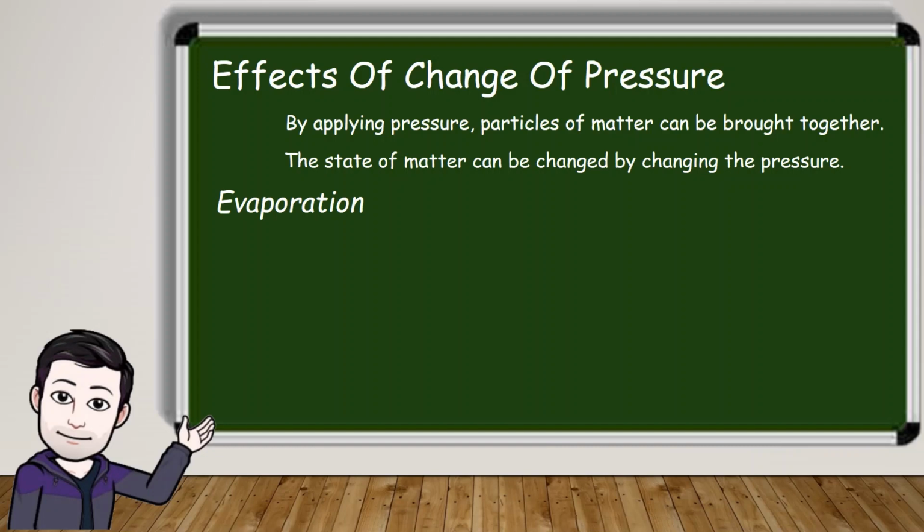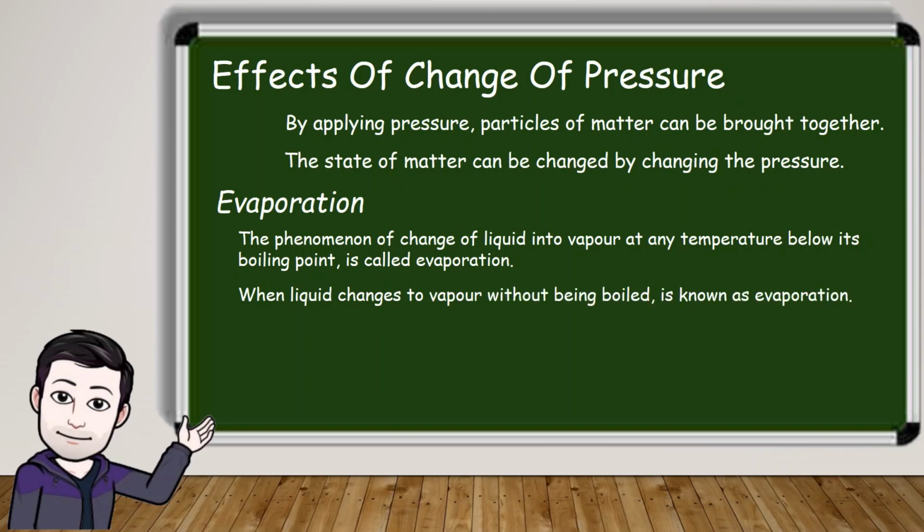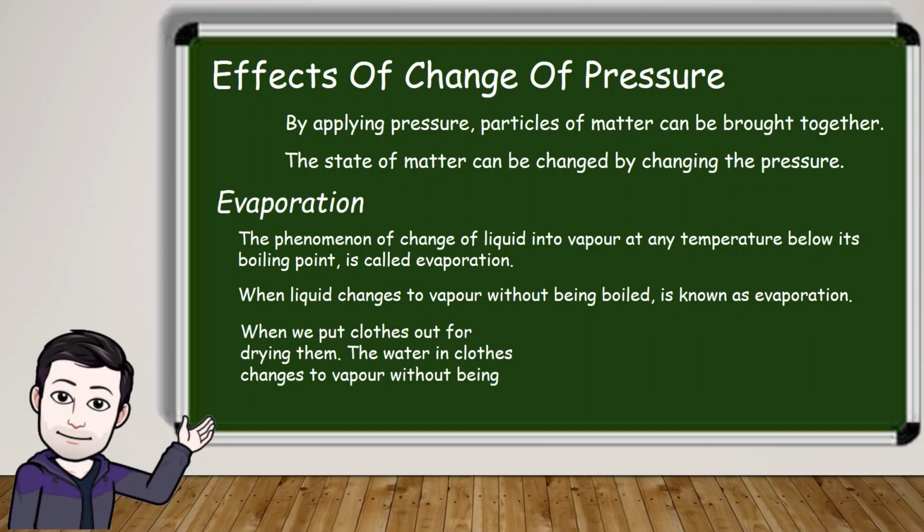The phenomenon of change of liquid into vapor at any temperature below its boiling point is called evaporation. It can also be explained as when liquid changes to vapor without being boiled. For example, when we put clothes out for drying, the water in clothes changes to vapor without being boiled.